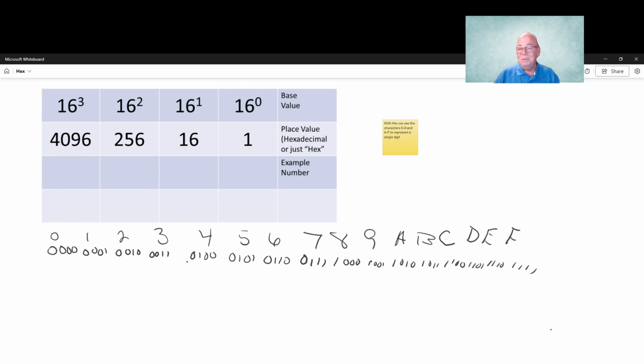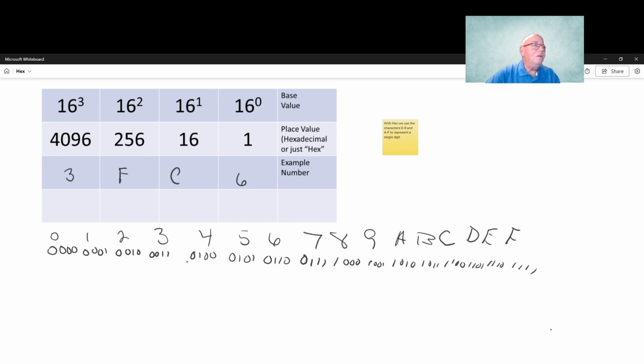And that's the secret sauce to doing the conversion between hexadecimal and binary. It's just that straightforward. So let's start with a hexadecimal number. Let's say 3, F, C, and 6.